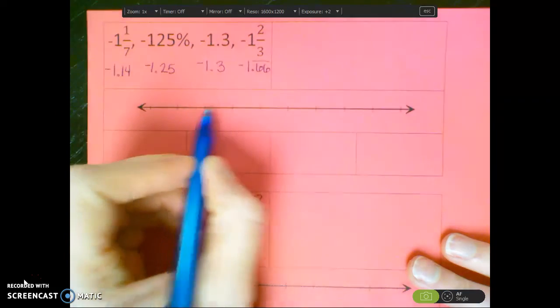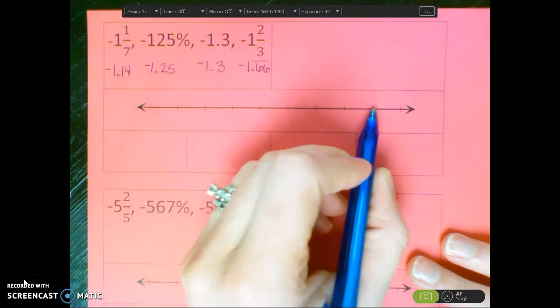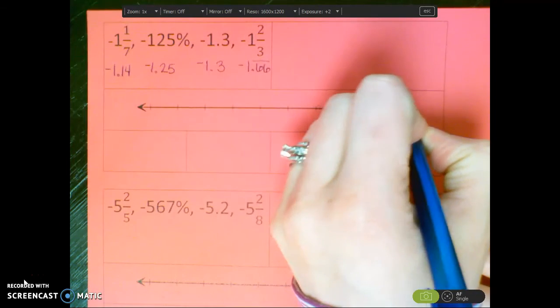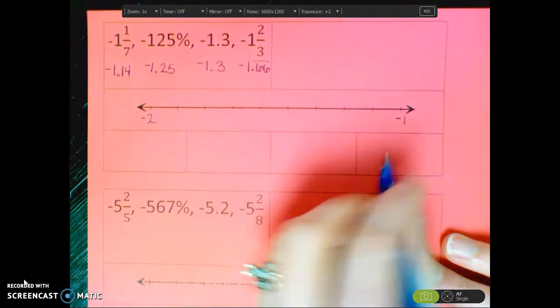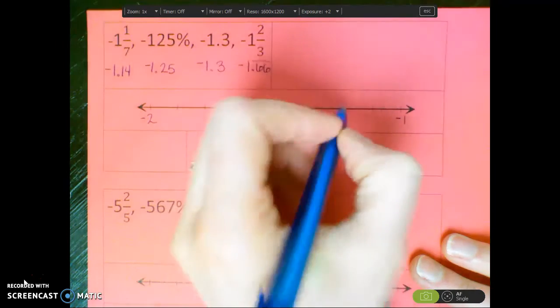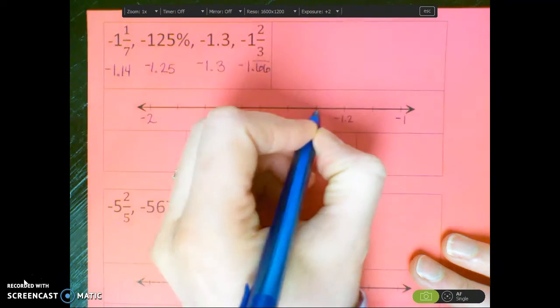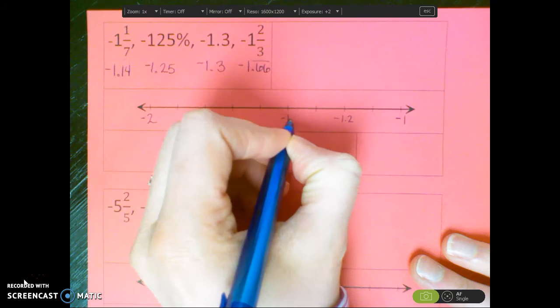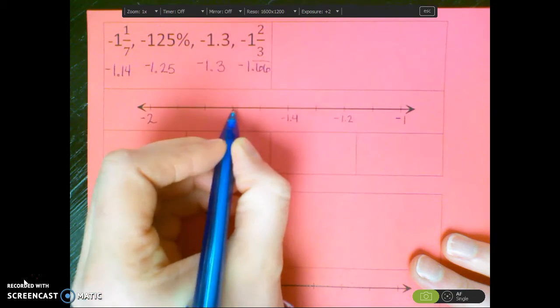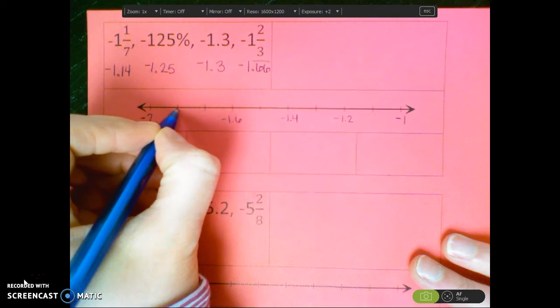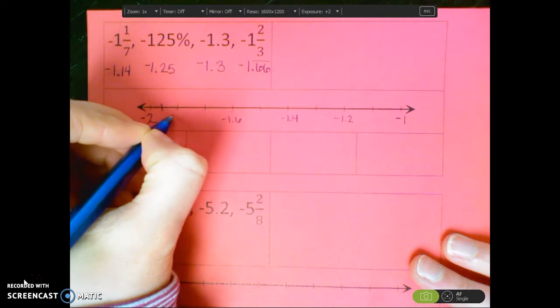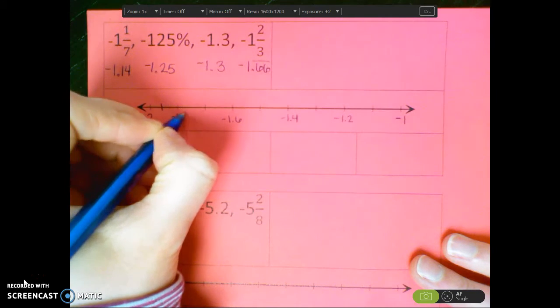So, perfect. I'm going to start here at negative 1, and I'm going to put my negative 2 here. That means that this would be negative 1.1, negative 1.2, negative 1.3, negative 1.4, negative 1.5, negative 1.6, negative 1.7, negative 1.8, negative 1.9 right there.